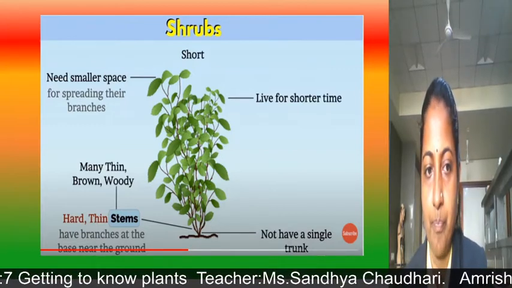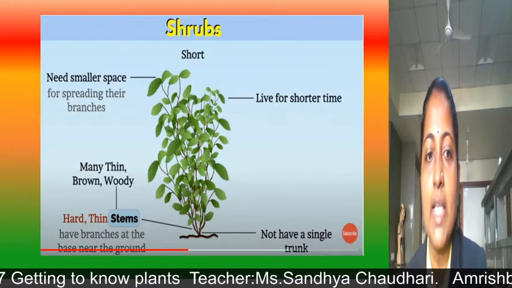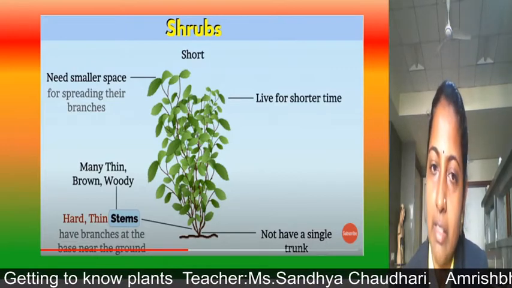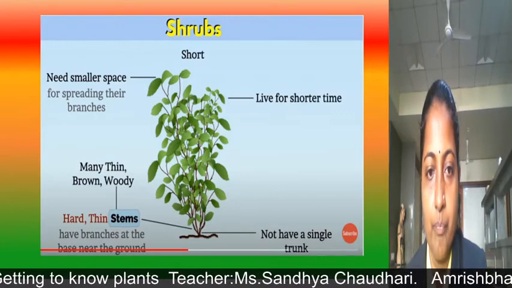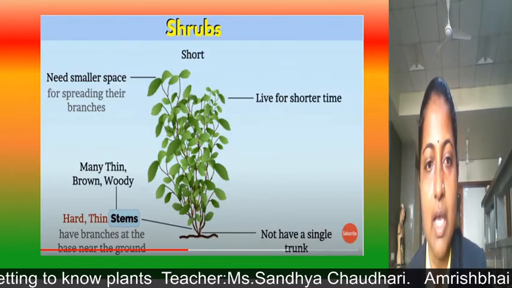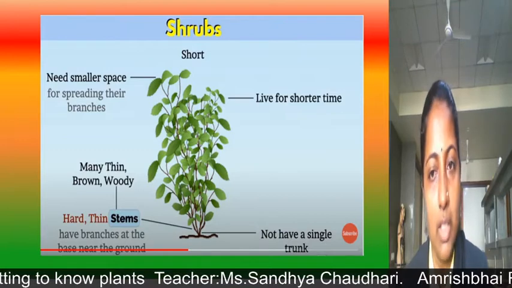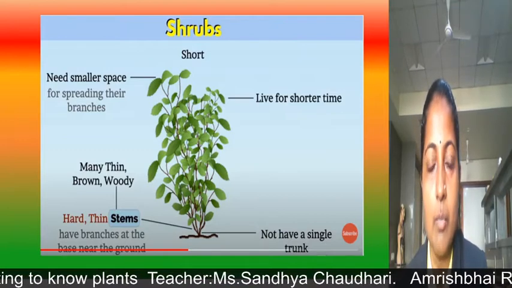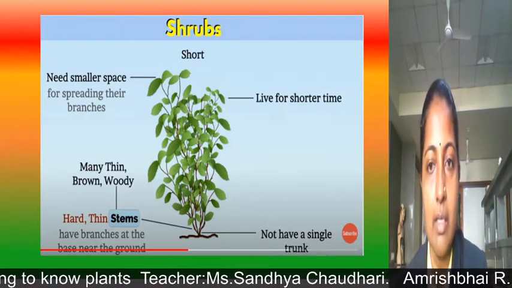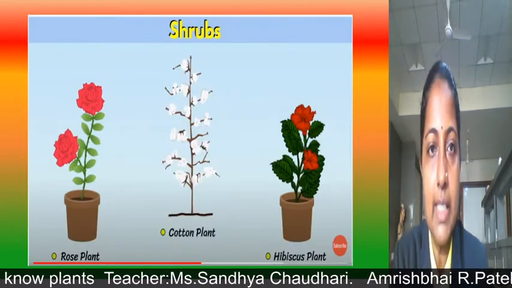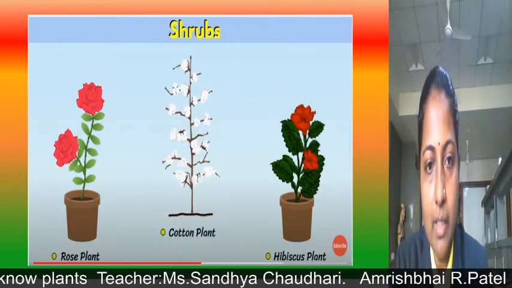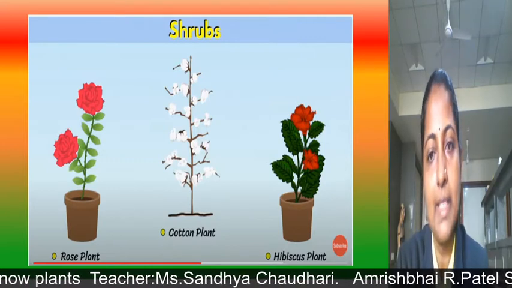The stems have branches at the base near the ground. Here you can see the branching is there. Branches are there from the base of the ground. So these characteristics are for shrubs. Examples of shrubs are rose plant, cotton plant, hibiscus plant.